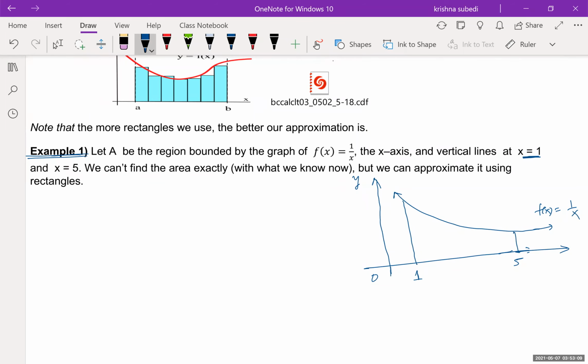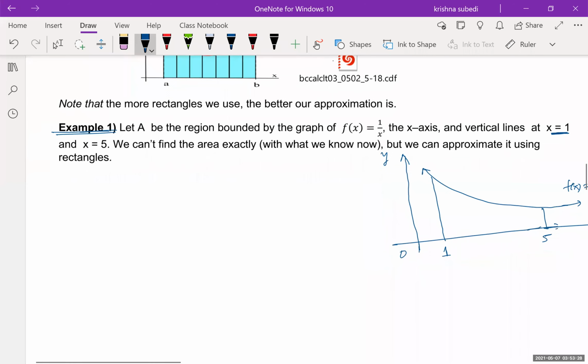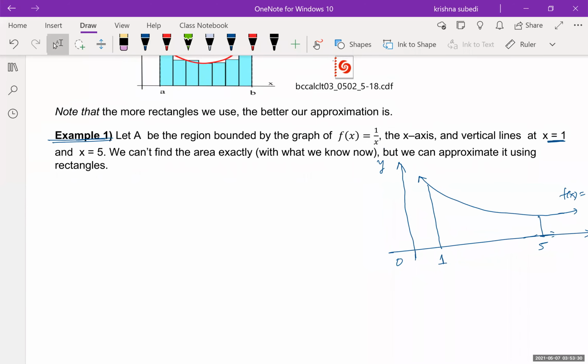For simplicity, to make our life easy, let me suppose that the number of rectangles equals 4. If you want, you can suppose 5, 6, 10, 100,000, it doesn't matter. I just want to give you a technique.